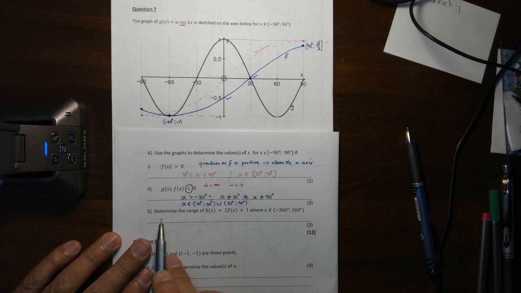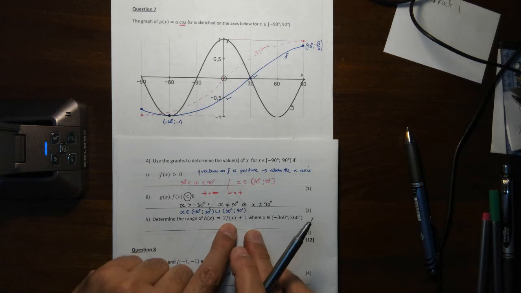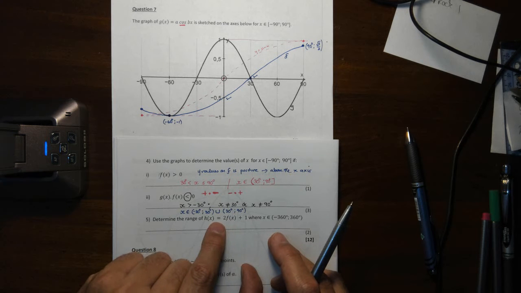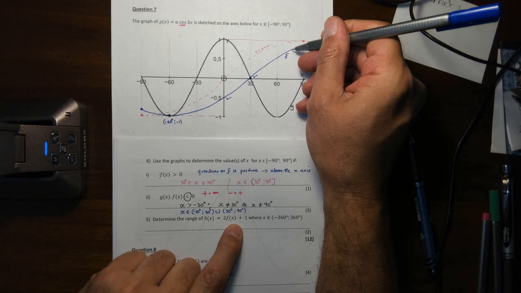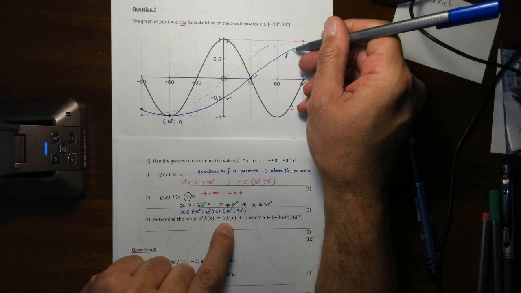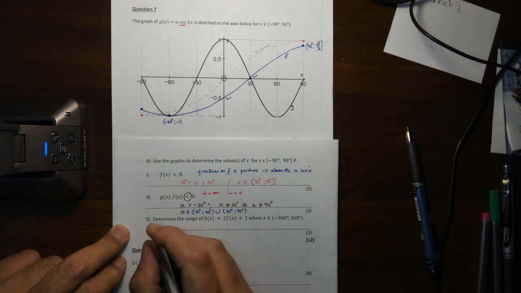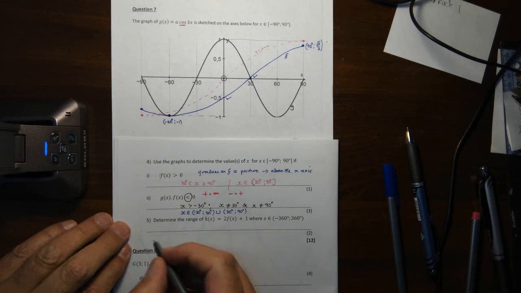The last question, determine the range of h of x, which is twice f of x plus 1. Now, f of x is the sine function. If we double it up, 2f of x, this is what you're going to think. Again, I'm going to write what you're going to think in green.